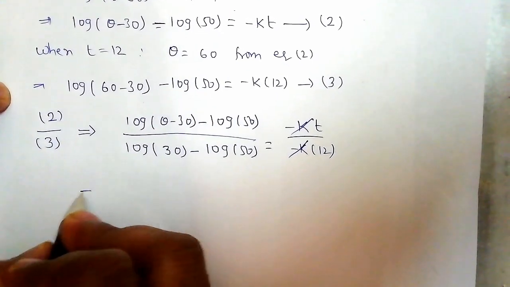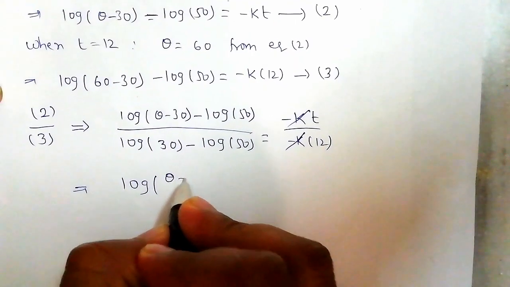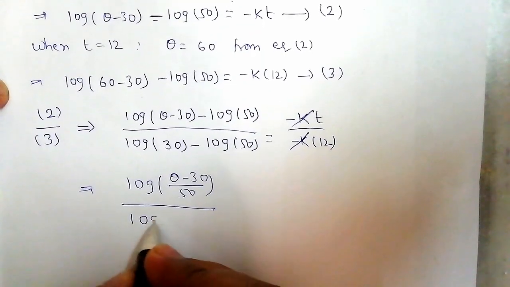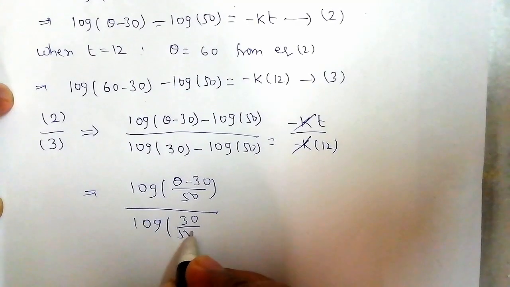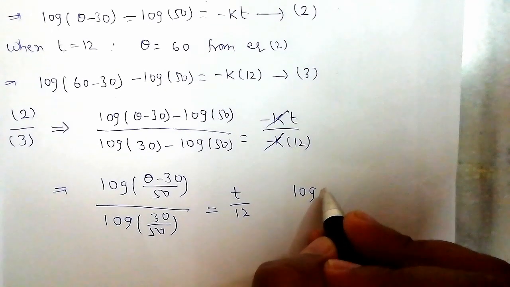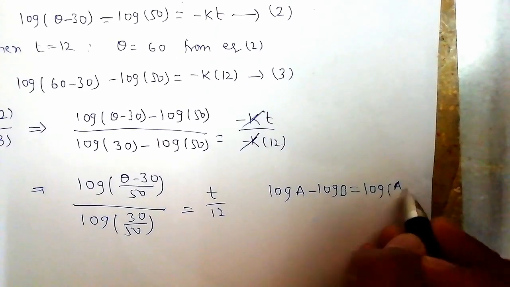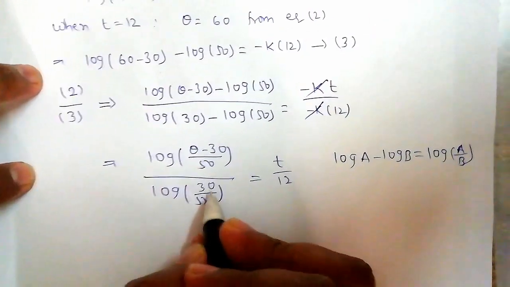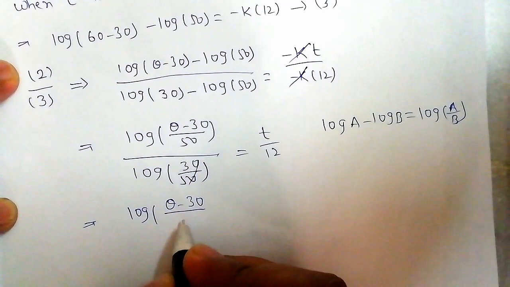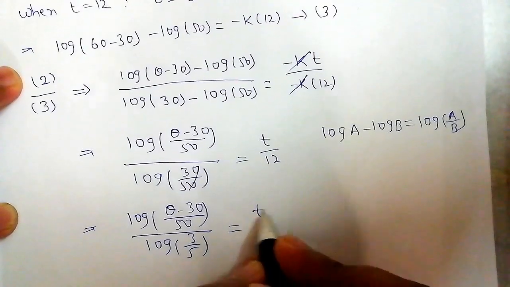Then using log a minus log b equals log of a by b, I get log of (theta minus 30) by 50, whole divided by log of 30 by 50, equals t by 12. Now the zeros get cancelled, which gives log of (theta minus 30) by 50 divided by log of 3 by 5 equals t by 12.